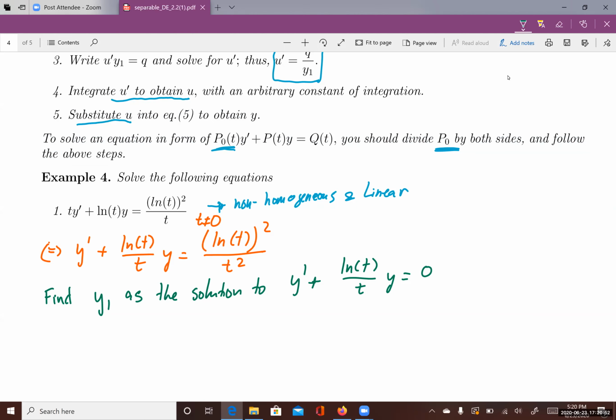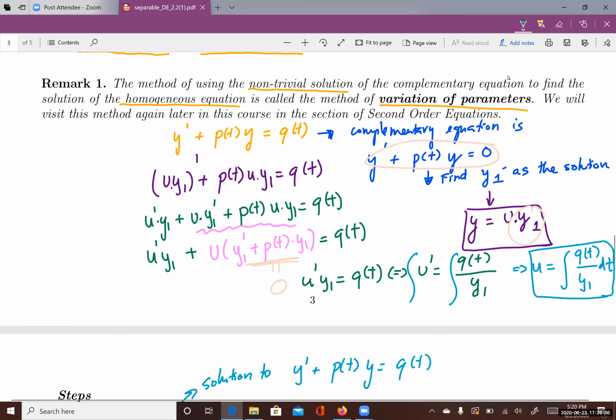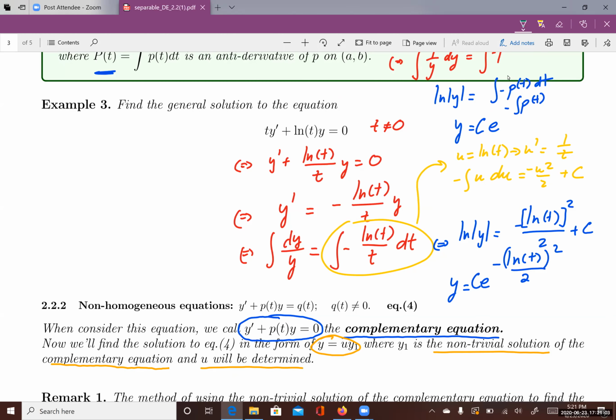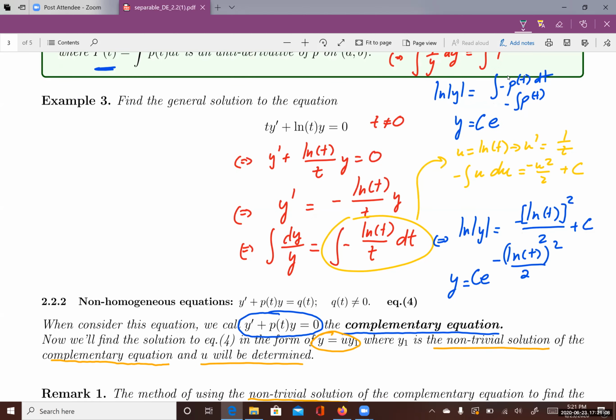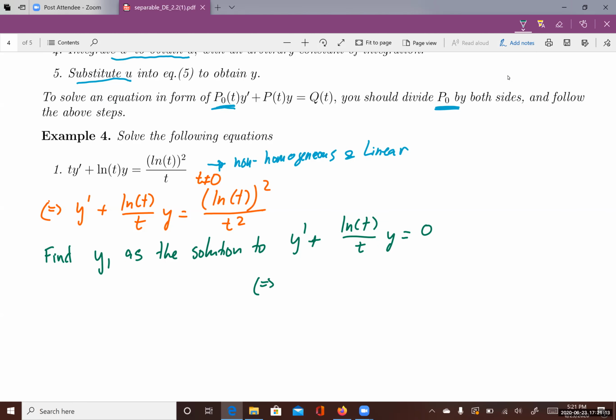This is an example that we already found a solution to in this example right here. The solution is, just imagine that c here equals 0, so the solution y1 will be e to the negative (ln t) squared divided by 2. Okay, so I found my y1.